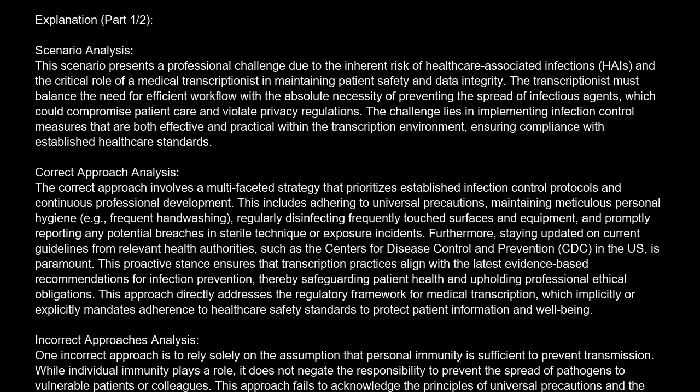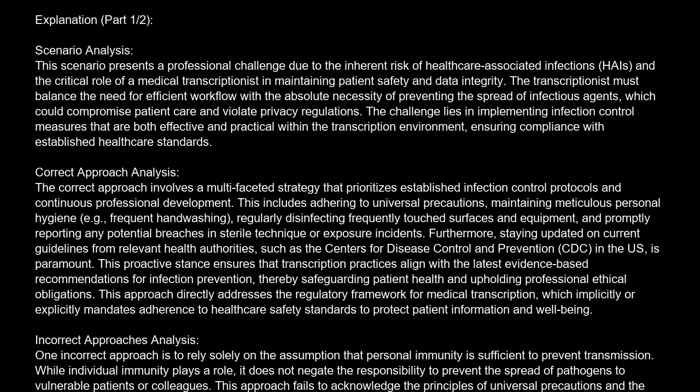Furthermore, staying updated on current guidelines from relevant health authorities, such as the Centers for Disease Control and Prevention, CDC, in the U.S., is paramount. This proactive stance ensures that transcription practices align with the latest evidence-based recommendations for infection prevention, thereby safeguarding patient health and upholding professional ethical obligations. This approach directly addresses the regulatory framework for medical transcription, which implicitly or explicitly mandates adherence to healthcare safety standards to protect patient information and well-being.